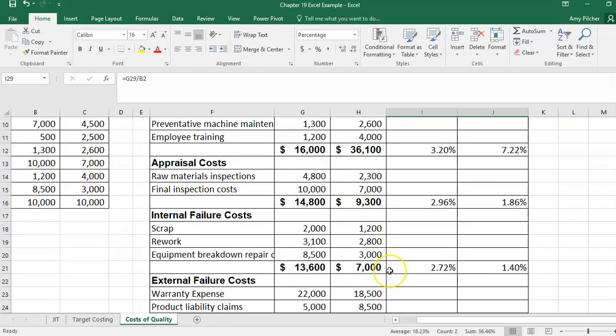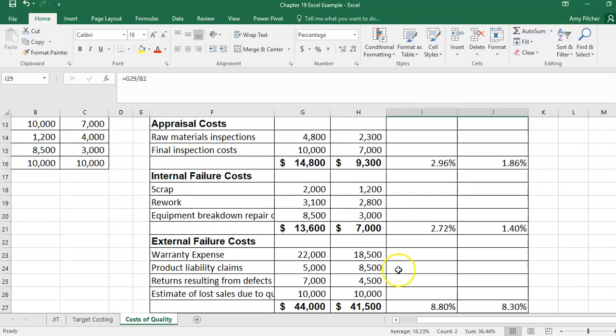We had less breakdowns, less scrap, and less rework. And we had less returns resulting from defects and less warranty expenses. The only items that didn't go down were our product liability claims and any estimate of lost future sales.